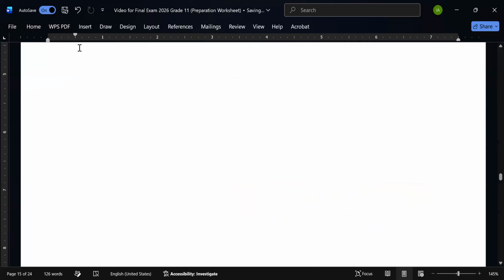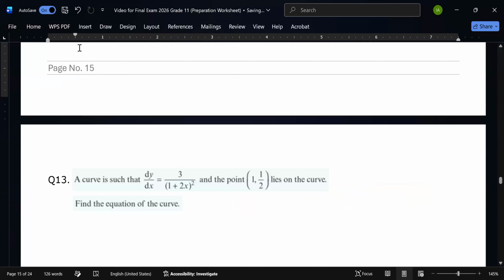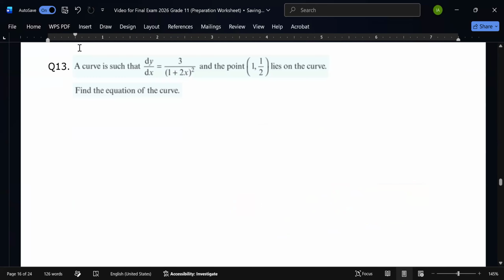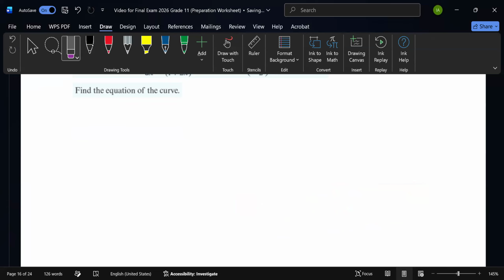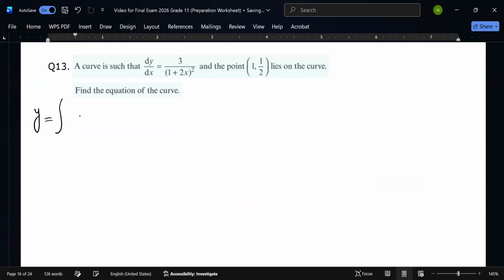And the next question is, yes, again, we have a derivative and they ask you for the equation. So for the equation, definitely, you are absolutely right. We integrate the equation. And we will get the equation of the curve. It's going to be 3 over 1 plus 2x to the power 2.